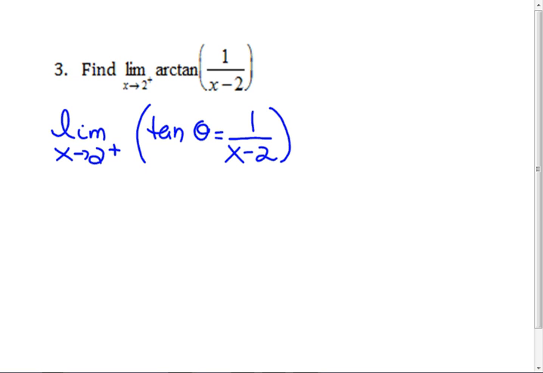So when I substitute in 2 from the right, the tangent of my angle is going to be getting closer to 1 divided by a positive number or a negative number. Positive 0 from the right. Okay, so that's going to give me positive infinity or negative infinity? Positive infinity. Okay, Grant.